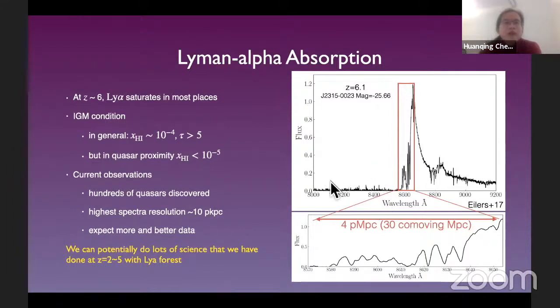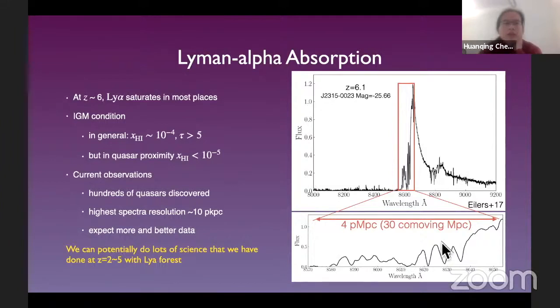However, there is one place where we can see non-zero transmitted flux: immediately close to the quasar, because the high ionizing flux from the quasar further decreases the neutral fraction of the IGM. This region, which we call the proximity zone, can extend up to dozens of comoving megaparsecs.